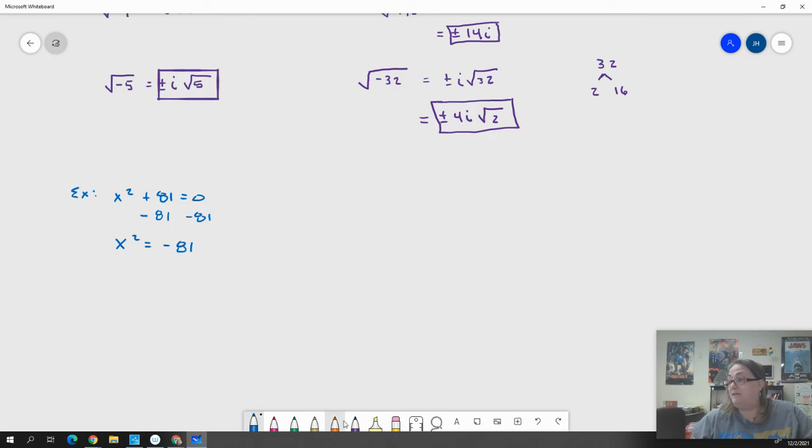And when I take the square root of both sides, I'm left with x equals plus or minus. What's the square root of 81? Forget the negative for right now. What times itself gives me 81? So we're going to have plus or minus 9i.